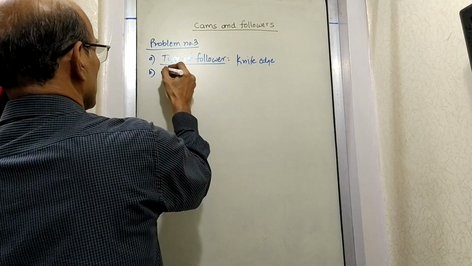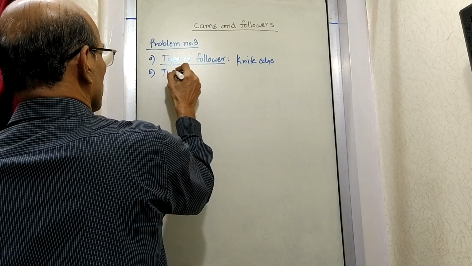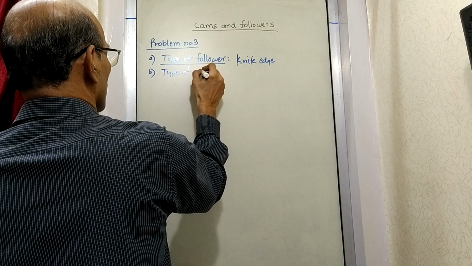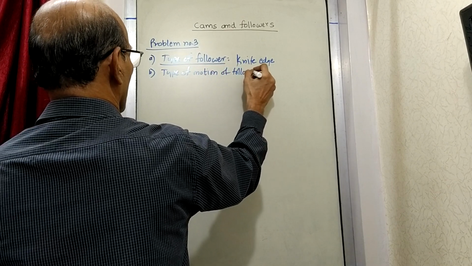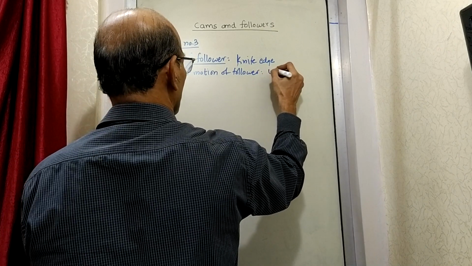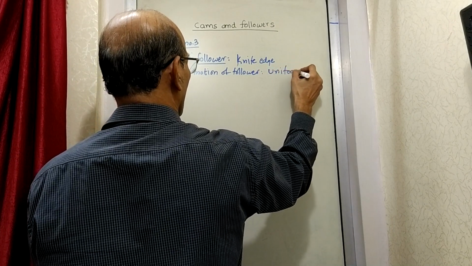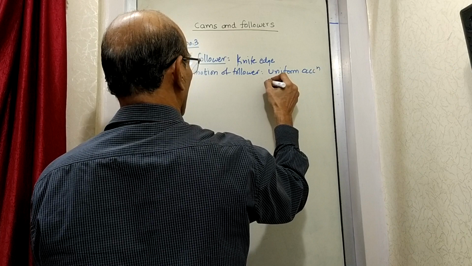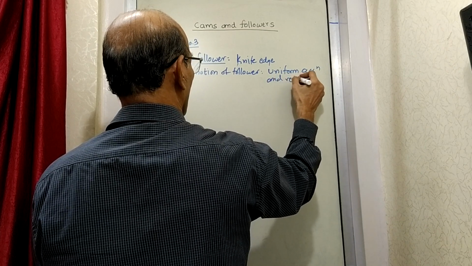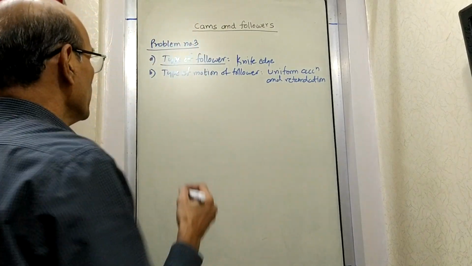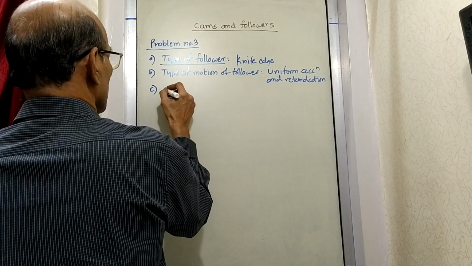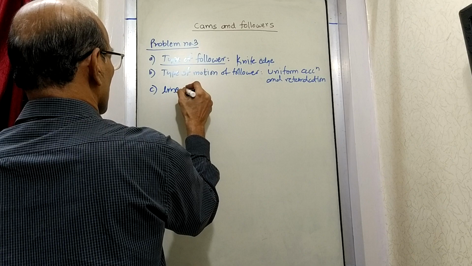Type of motion of follower is a uniform acceleration and retardation. Then line of action.